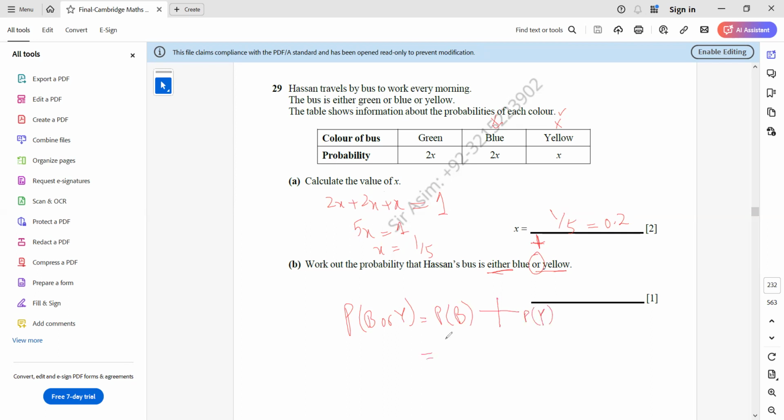The probability of blue is 2x and the probability of yellow is just x. So 2 times 1 by 5 plus 1 by 5. That means 2 times 0.2 plus 0.2, which is 0.4 plus 0.2, which is 0.6. The answer. I hope this is clear now.